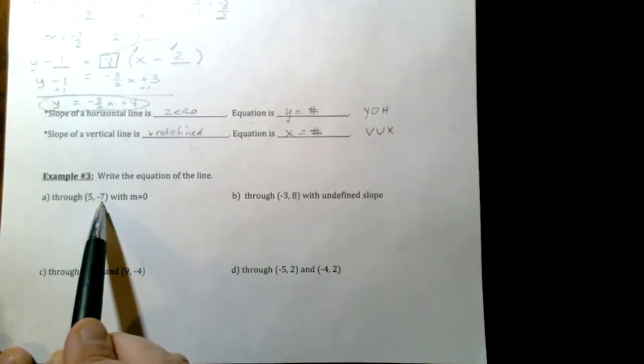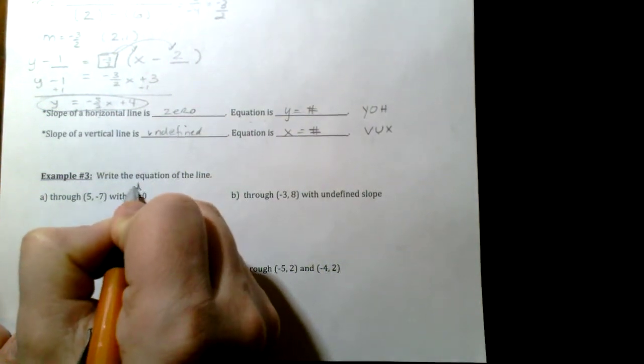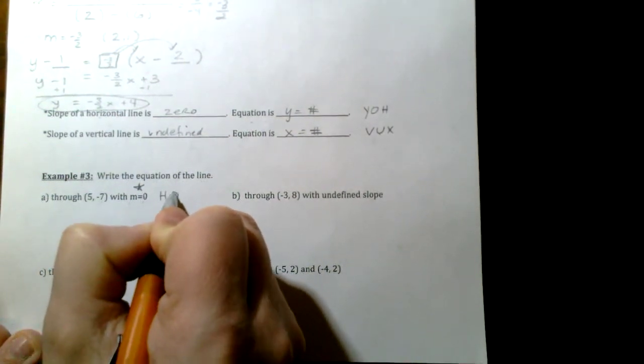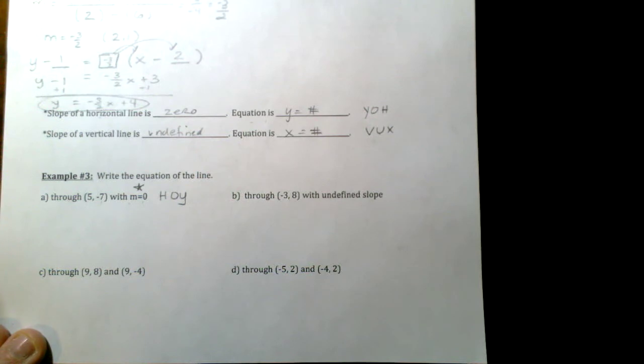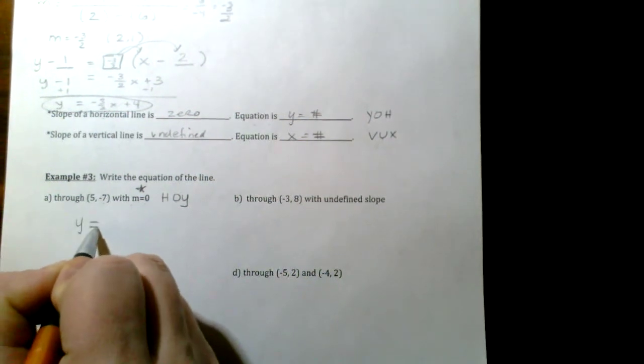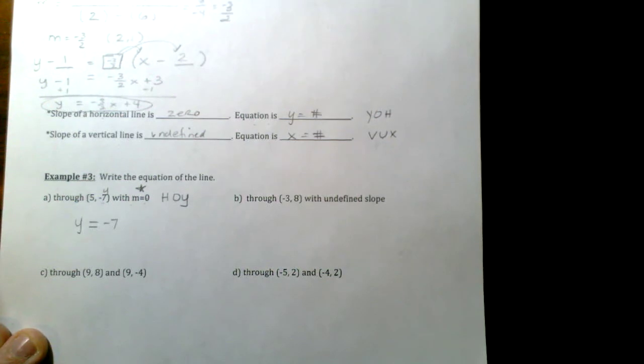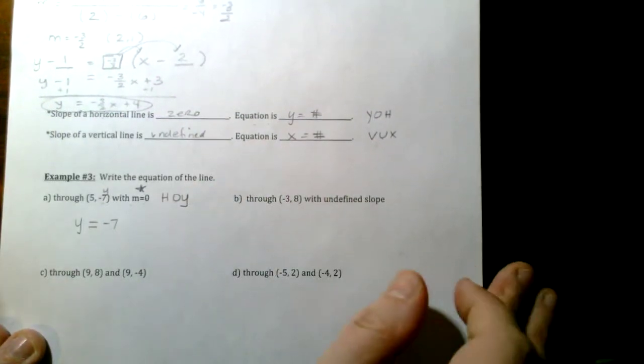Write an equation through 5, negative 7 with a slope of 0. As soon as you see slope of 0, you need to activate your brain to say hoy. Horizontal line, 0 slope. So my answer is y is equal to the number negative 7, which is the y value. Done. No other work required.